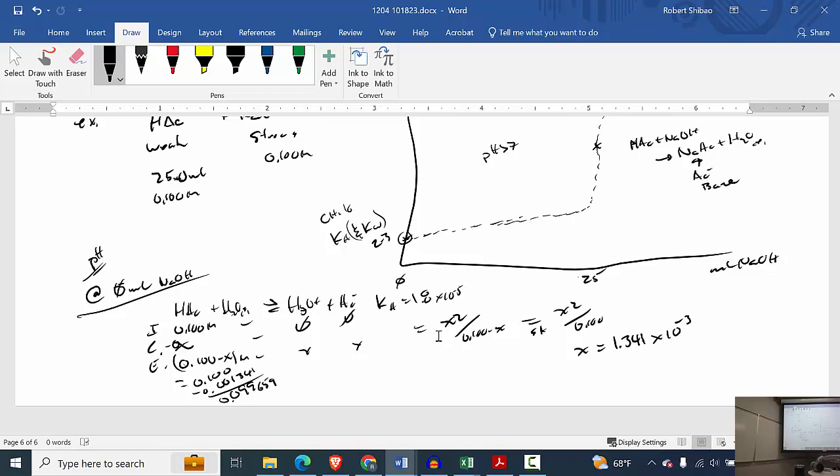So basically 99.659% of this acid remains, and only 1.341% has reacted.